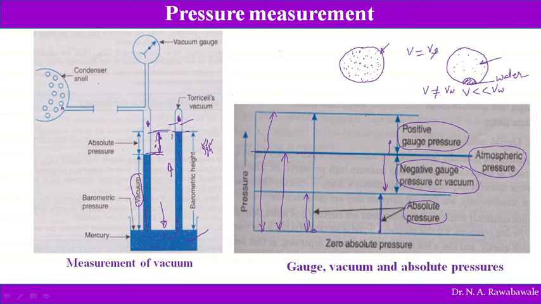Now the remaining space in this vessel gets vacated, and the pressure inside this vessel is automatically reduced. Due to that reduced pressure, which is less than atmospheric, if we create a hole in this, suddenly atmospheric air enters into it. Why?